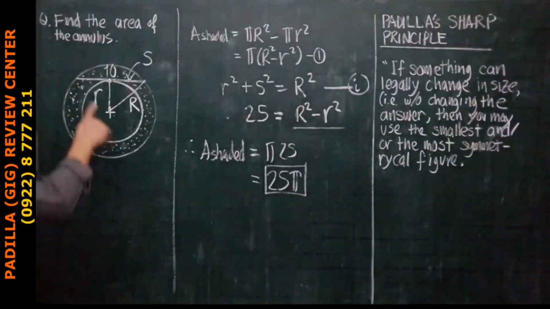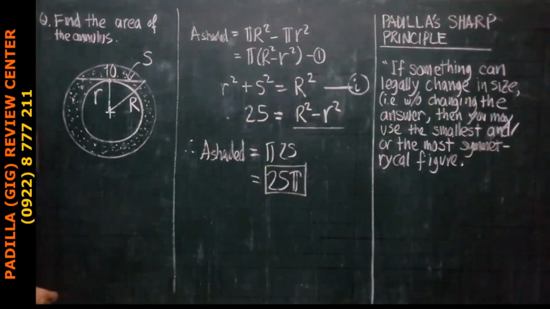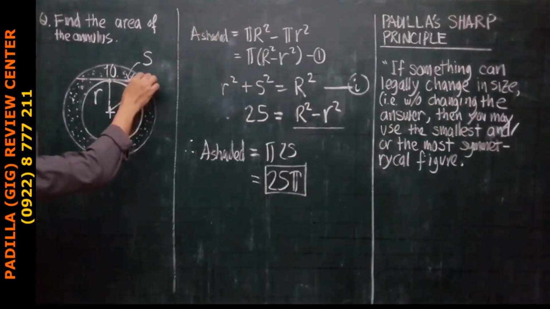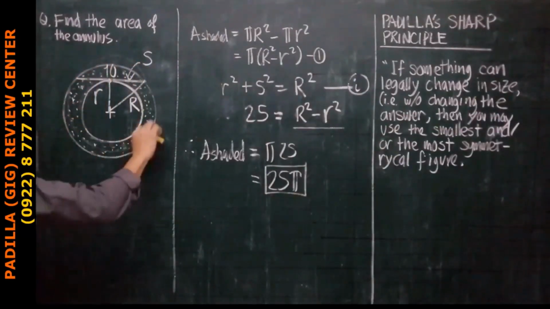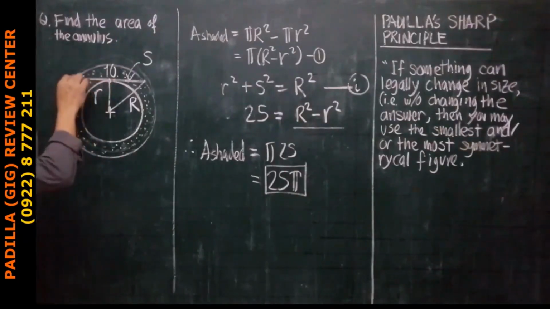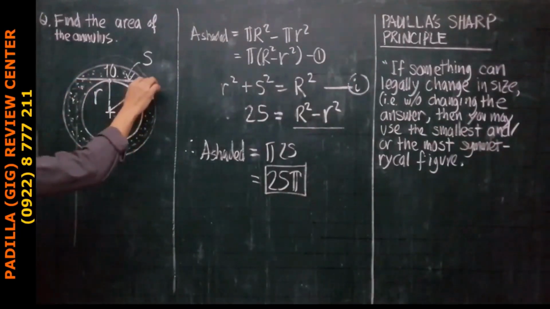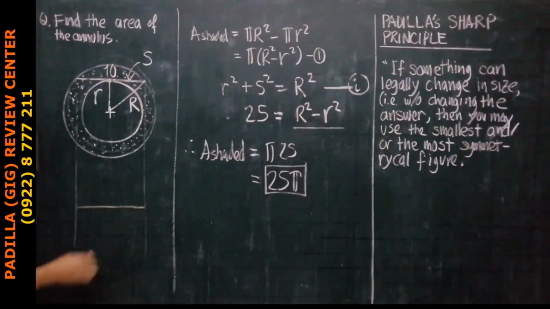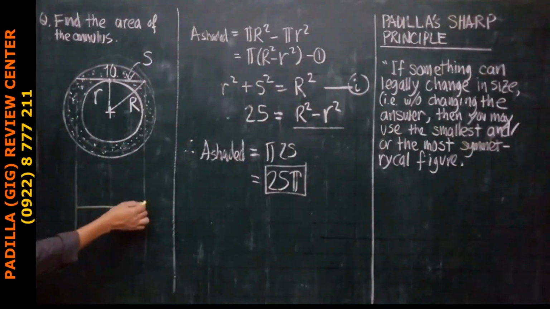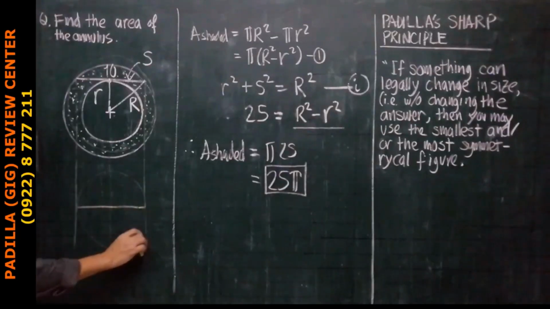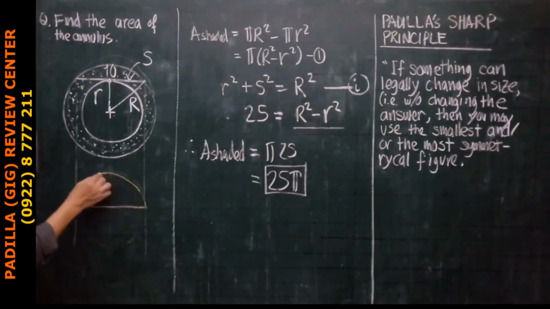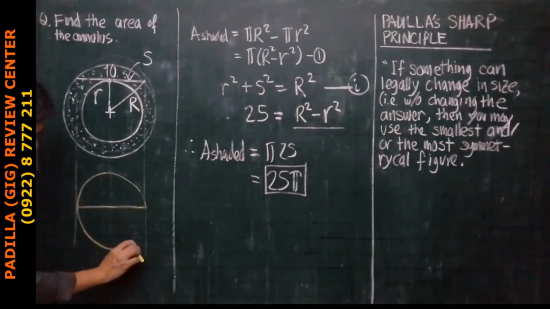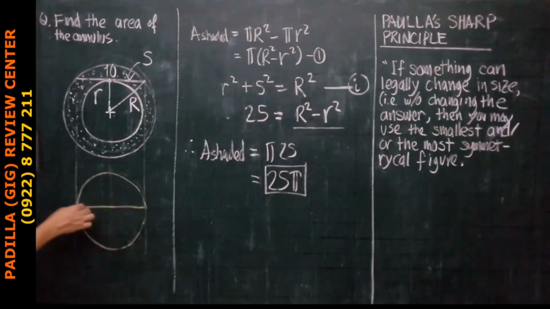Halimbawa, in this figure, I can draw a smaller size figure or a smaller size circle. Ganito. The smallest circle that can contain that chord whose length is 10 is that circle having this chord as the diameter, right? Ito yun. So this is the smallest circle that can contain this chord whose length is 10.